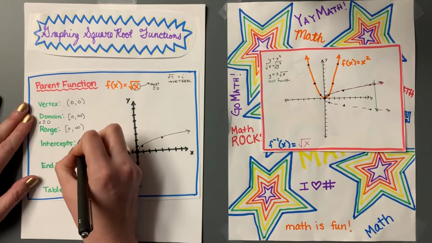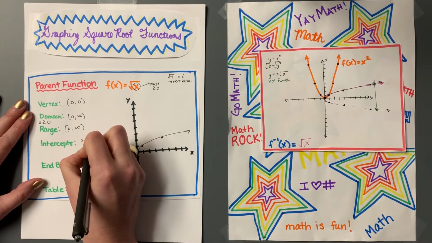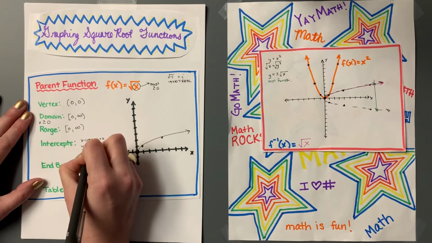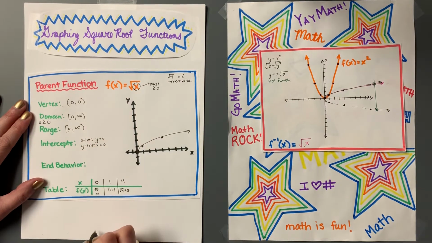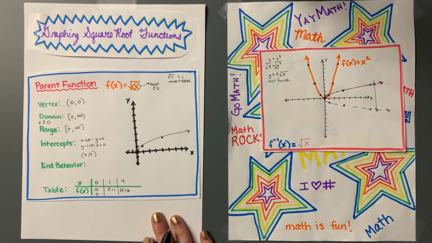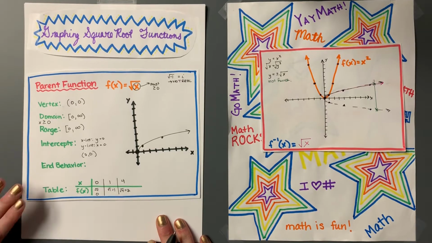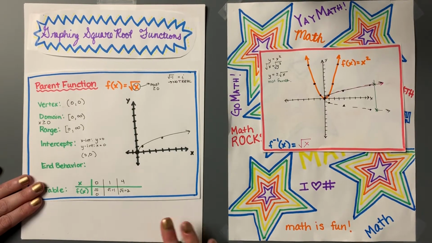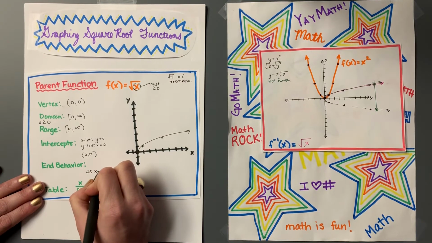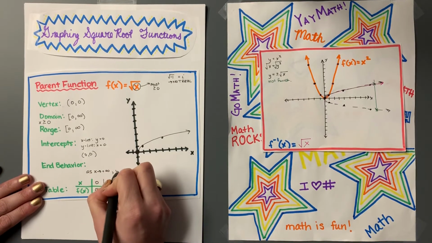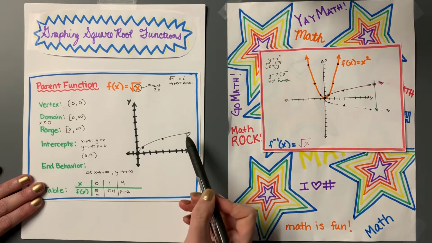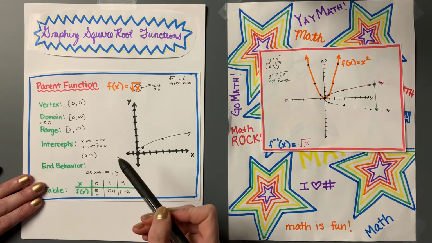When I'm looking at intercepts, for the x-intercept, this is when y equals 0, and for the y-intercept, this is when x equals 0. In this case, its x-intercept is also its y-intercept, is also its vertex, so it's kind of an uninteresting point. But then let's talk end behavior. As x approaches positive infinity, y also approaches positive infinity. On the other end, x does not approach negative infinity.